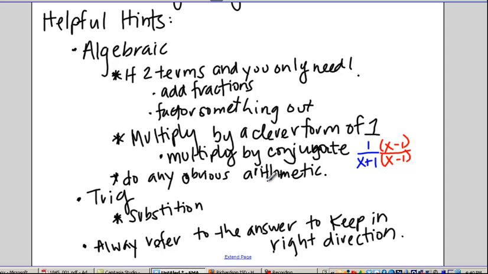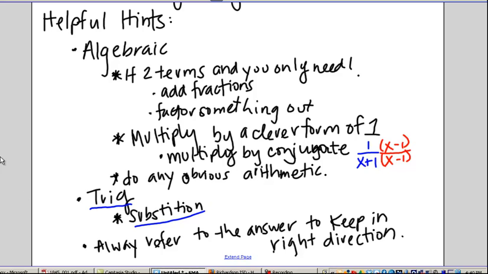Okay, and then do anything obvious, like if there's distributing, do that. If you need to factor something out, you can do that. Remember, this is a trial and error type of process, and the more you do, the better you get. Okay, the other thing is doing trigs, and you're just going to do substitutions.